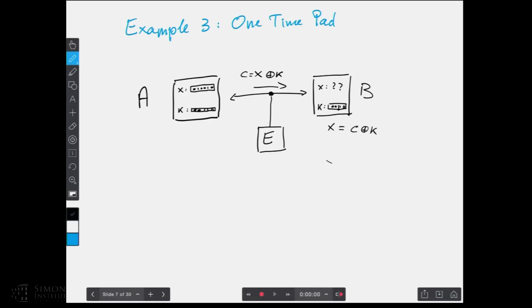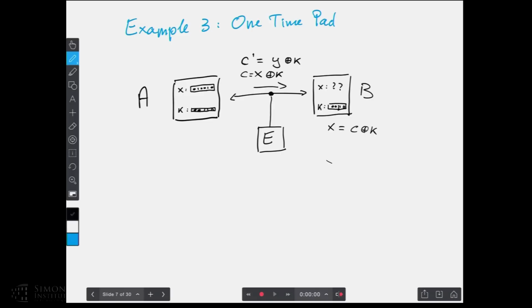If later party A is also going to send C prime equal to Y XOR K, then one thing the adversary can do is to XOR C and C prime, and they will learn the XOR of X and Y. That's a lot of information about the messages. That's why it's called the one-time pad.